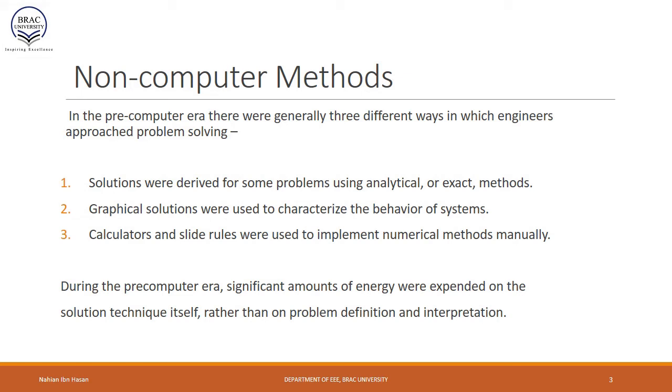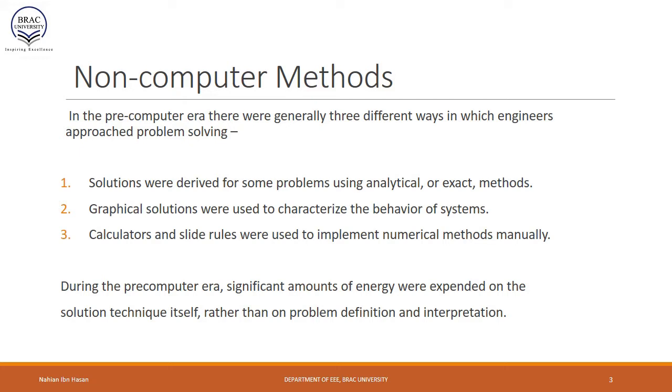So let's see what methods engineers and scientists used to apply before the computers were invented. First of all, before the computers were invented, solutions were derived for some problems using analytical or exact methods that we have already discussed.